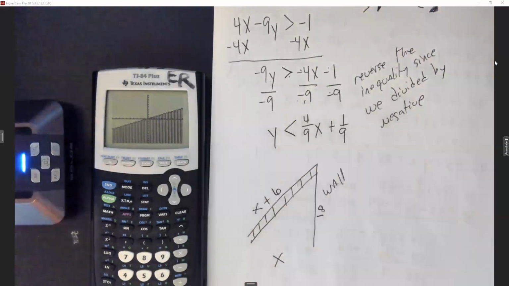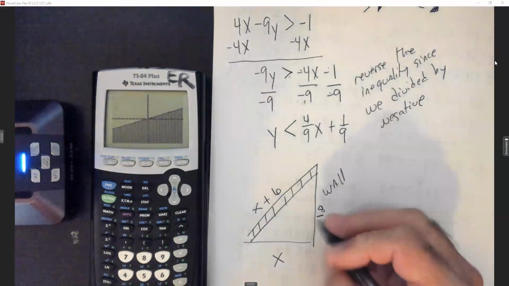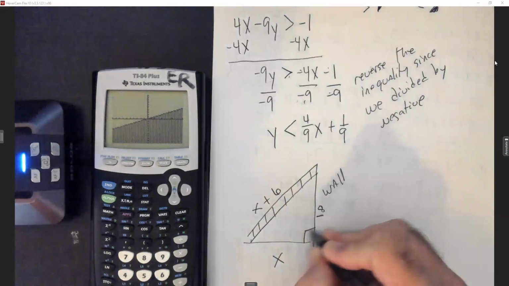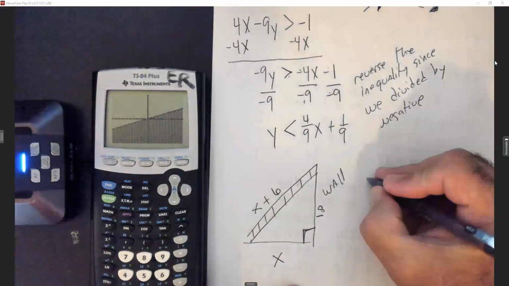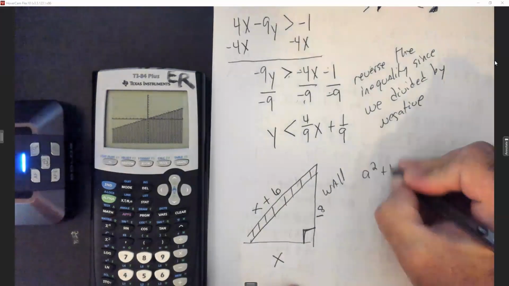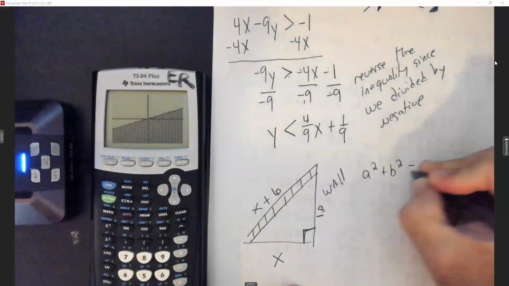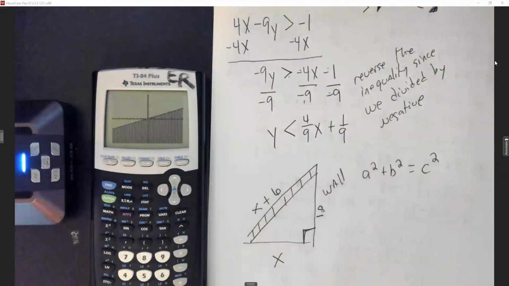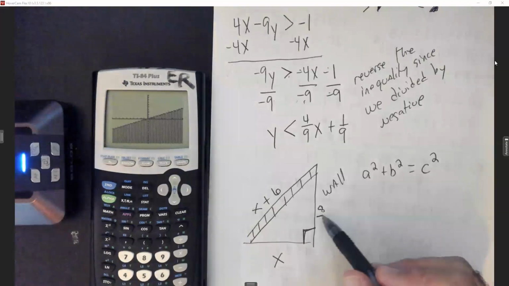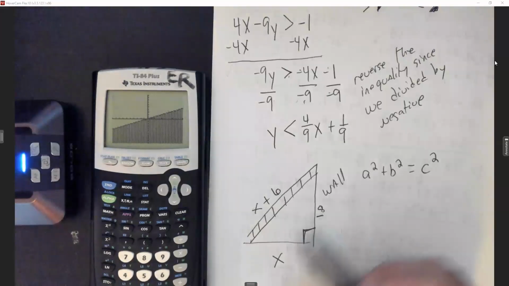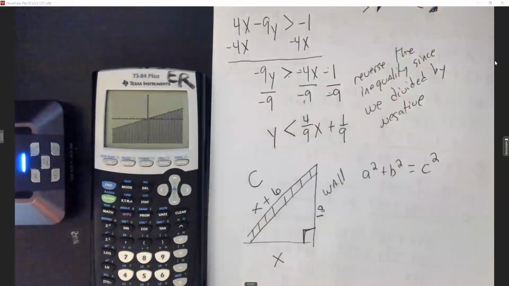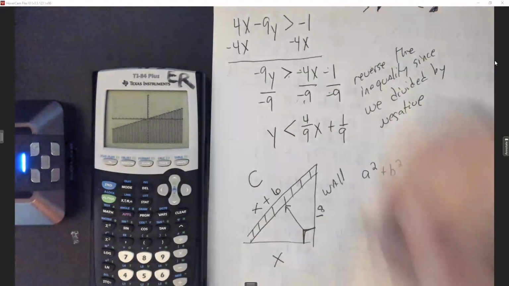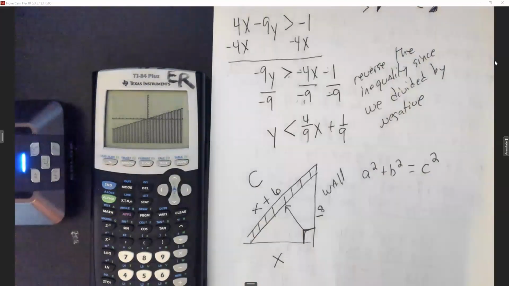Okay, so what we basically got is another right triangle here, which means we're going to use the Pythagorean theorem, which says a squared plus b squared equals c squared. Now, these two sides, it don't matter who's a and b, but this side has to be c, because remember, it's the side across from the 90-degree angle that we call the hypotenuse, okay?